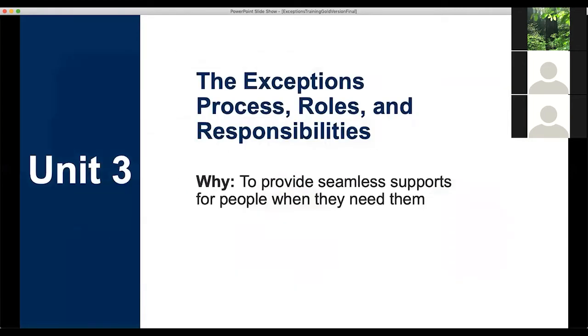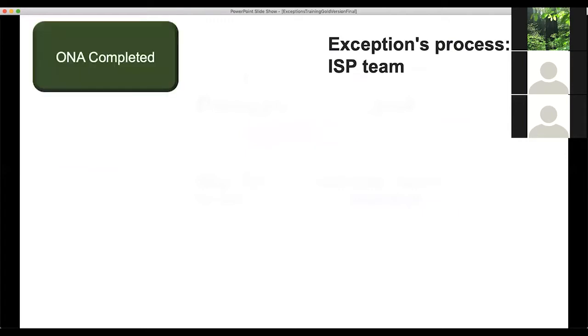So let's look more at the process and have a better picture of how we can provide seamless supports to people when they need them. Starting with the exceptions process involving the ISP team. First we look at the ONA, and that's always going to be step one. So we have a situation where there's an exception that's identified. We need to say, hold on, stop, wait a minute, and look back.